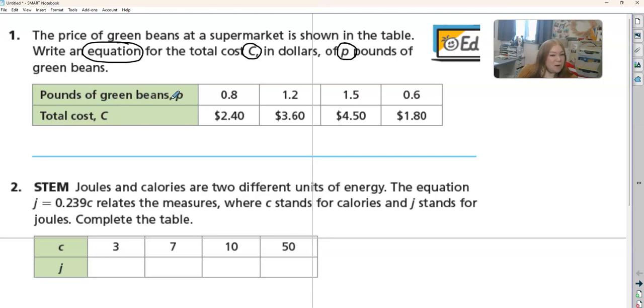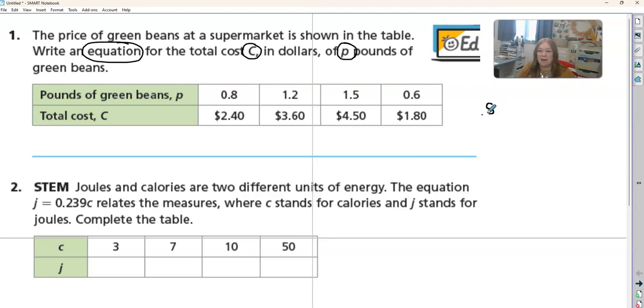So our first one, we're trying to figure out how am I getting from P to C? And every time that has to be the same thing. So we have 80 cents and we're trying to get to $2.40. So how many of these make the total? So, right, I'm buying a pound.